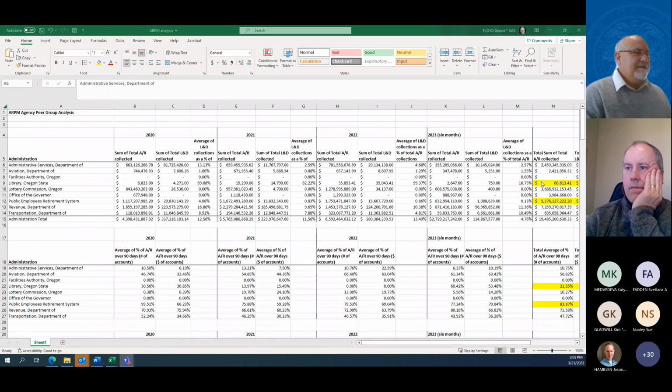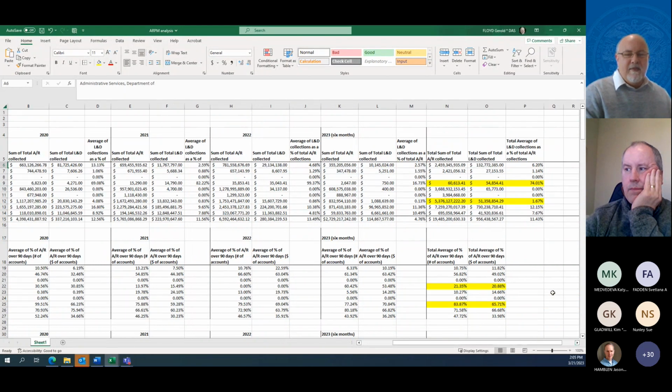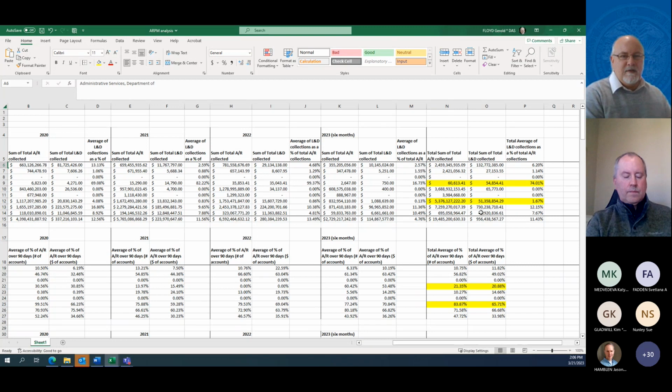I don't want to take a bunch of time discussing why, because the way that we're slicing and dicing this information, we may look at it differently after this first round and create additional levels of peer groups and different designations to put truly like agencies in the same groupings for comparison purposes.